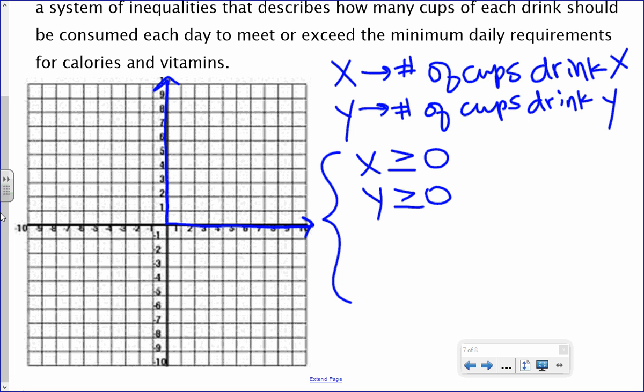So we have 60 calories in drink X plus 60 calories in drink Y, and we want to meet or exceed the daily requirements. What are the daily requirements? Meet or exceed. What kind of inequality are we going to put there? Greater than or equal to.